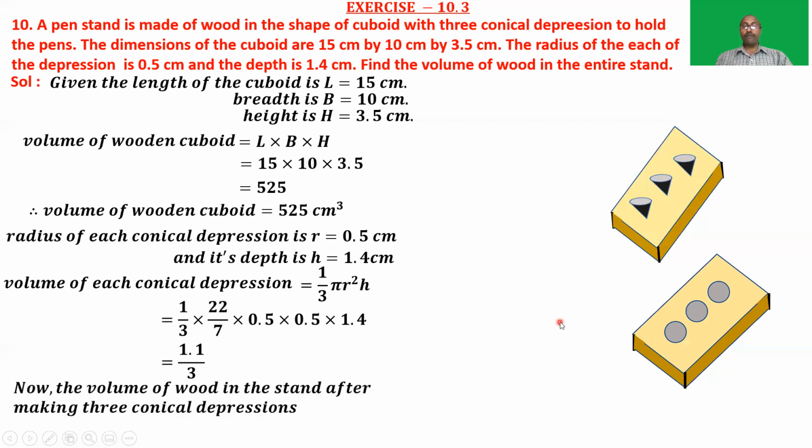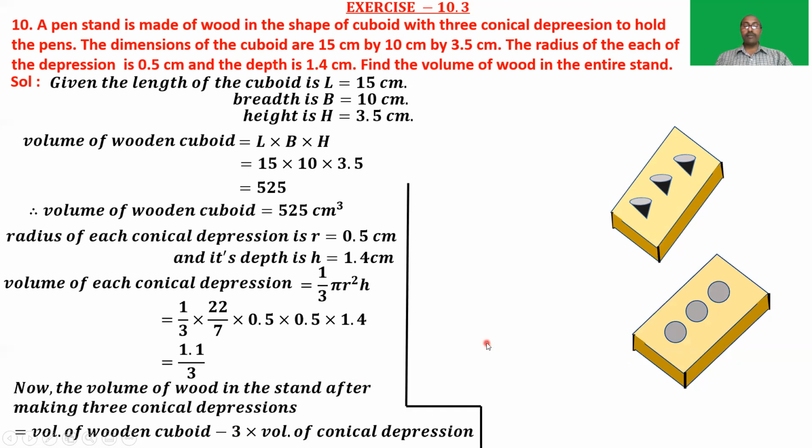Now the volume of wood in the stand after making these 3 conical depressions is equal to the volume of wood in the cuboid minus thrice the volume of each conical shape, because we are making 3 conical holes here. So the volume of wood in the stand is equal to 525 minus 3 into the volume of each conical hole, which is 1.1 by 3.